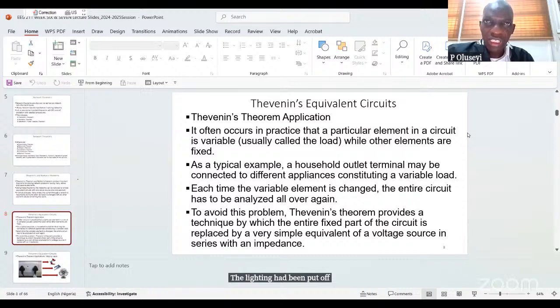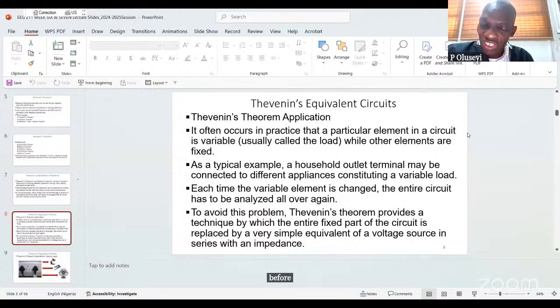The air conditioning units were put off before leaving yesterday. But now this morning, immediately I stepped in before this lecture, I put on all these things. And in putting on all these things, I have varied the load that the system has, or the network or the circuit has been carrying before now.